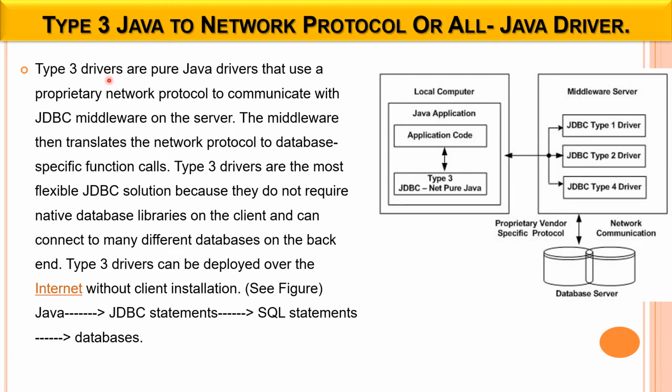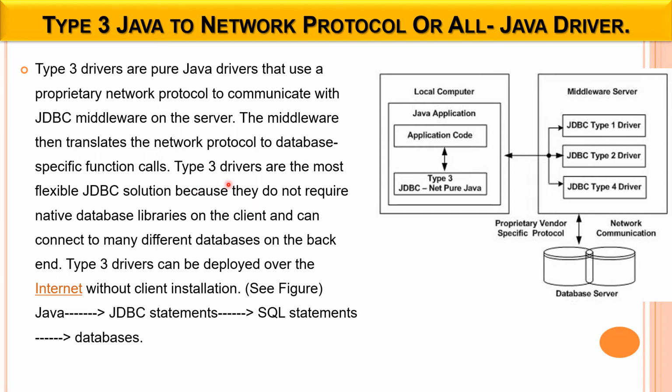The third type is Java to network protocol, or all Java drivers. This type 3 is a pure Java driver that uses a proprietary network protocol to communicate with the JDBC middleware on the server. The middleware translates the network protocol to database specific function calls.